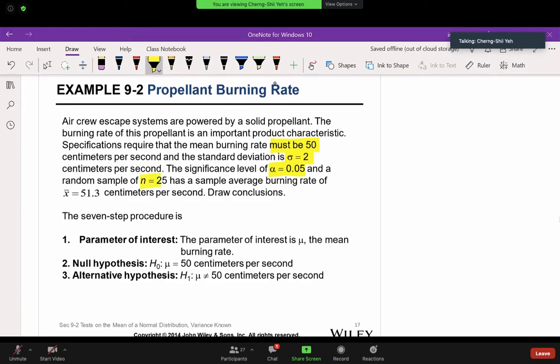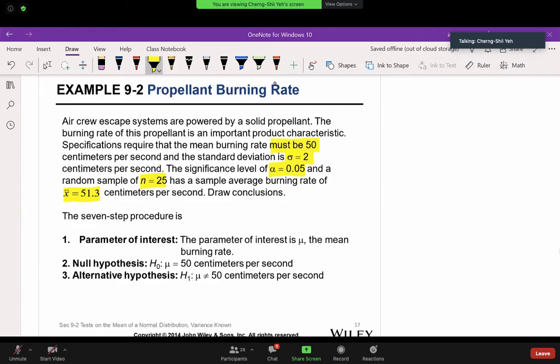So let's collect 25 samples, and we've tested them. Their average sample burning rate is 51.3. That's fairly close to 50, but not exactly 50. Can we perform a hypothesis testing to see if this sample is coming from a population that the population mean is exactly 50?